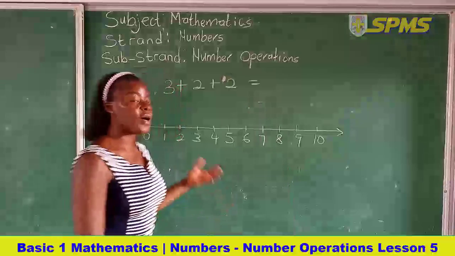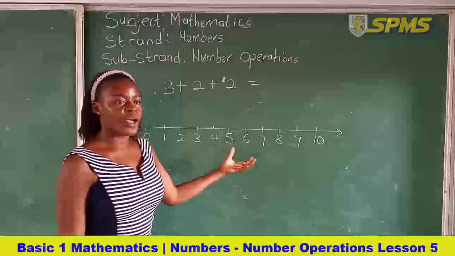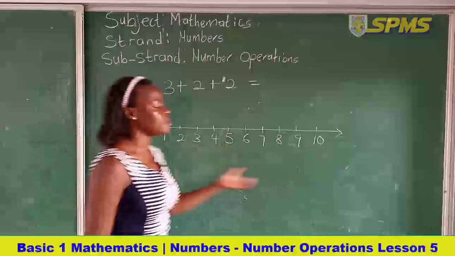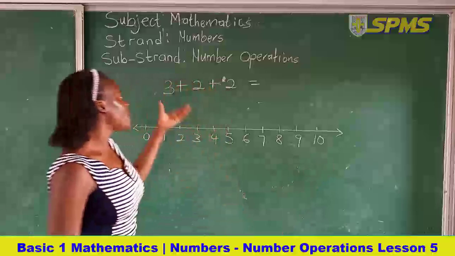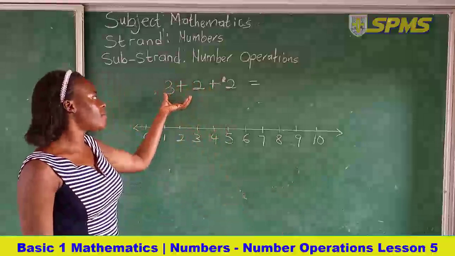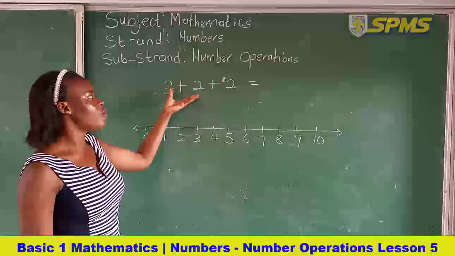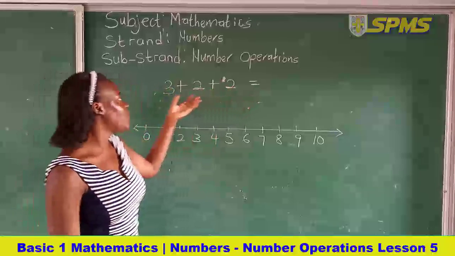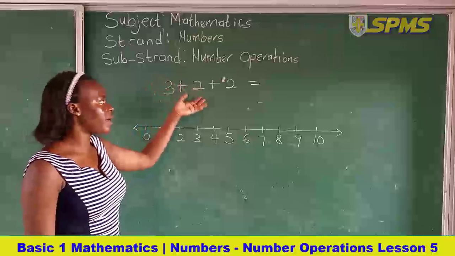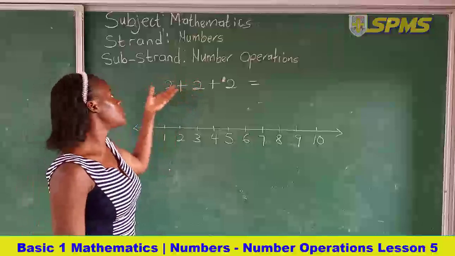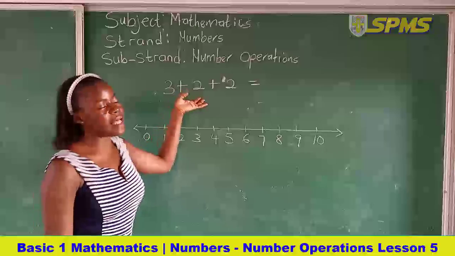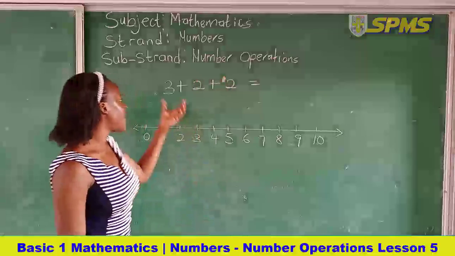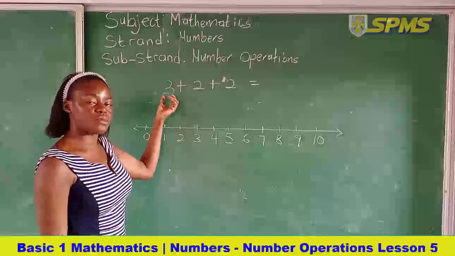We have our number line here, and we've assigned numbers to it from 0 to 10. So we are going to find the total when we add the addends together. When we add 3 plus 2 plus 2, what will be the answer? Let's try and assign our numbers to it.